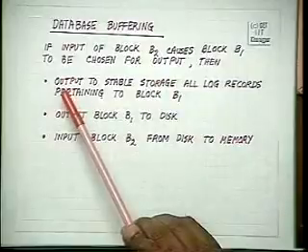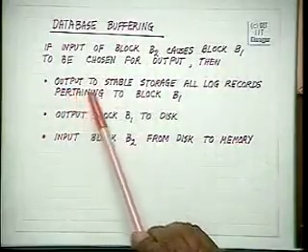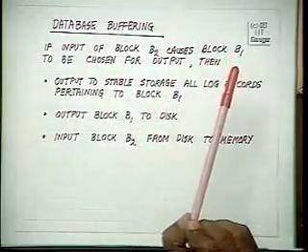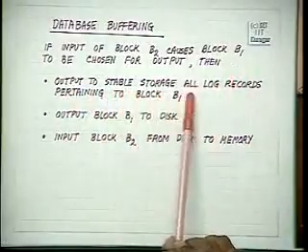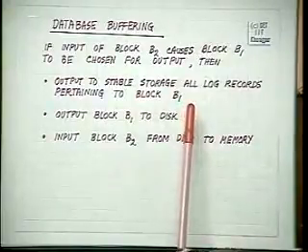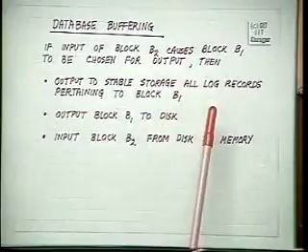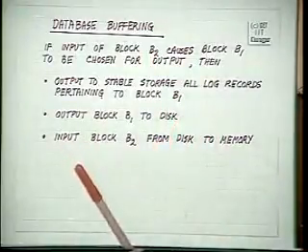But if the log buffering is done along with database buffering, then before we output block B1 into the disk from the memory, we must output to stable storage all log records pertaining to block B1. Because the log must be output first and then the database modified. If you modify the database and then output the log, then there may be a crash between the time after you have modified the database and before you have output the log.